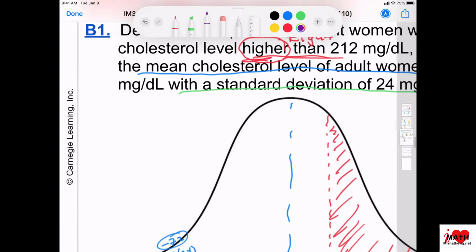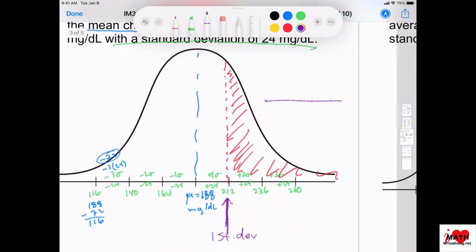Okay, so let me just do a little side problem here. This region here represents 68. Now I just need to find the yellow region. So hopefully this visual is helpful for you.